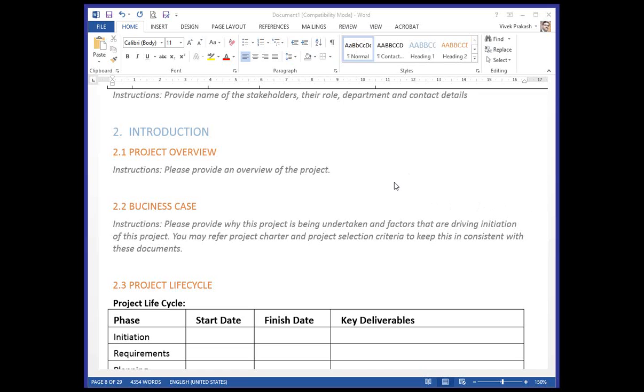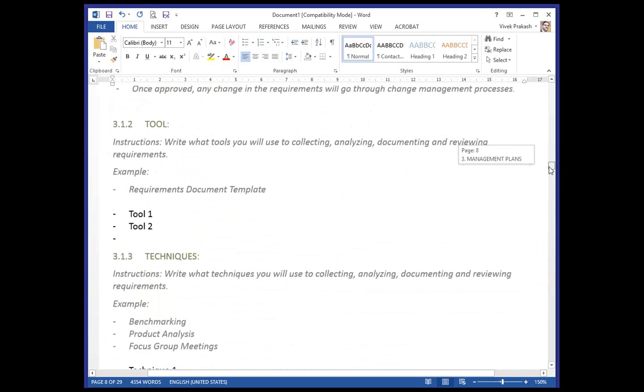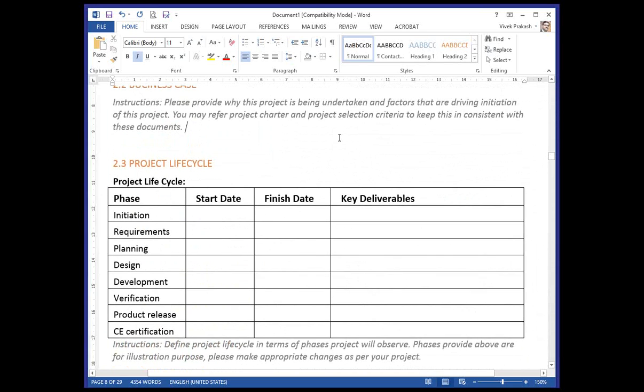Okay. So I have changed this view to one document, which is basically a project management plan, a kind of template. Let's look at what is there. You see that the project life cycle is mentioned here.